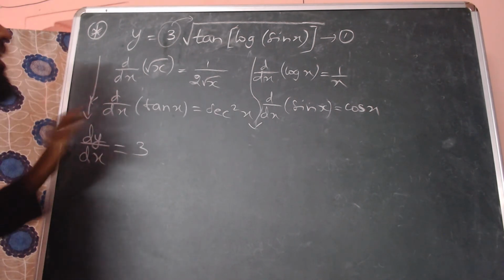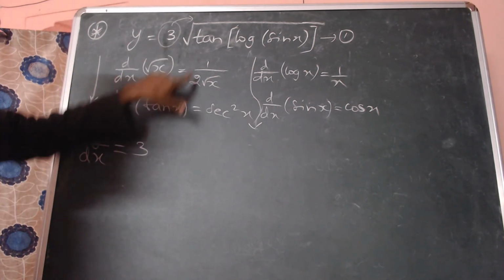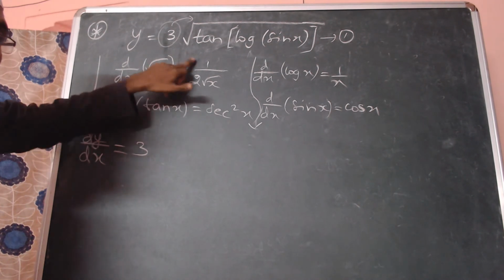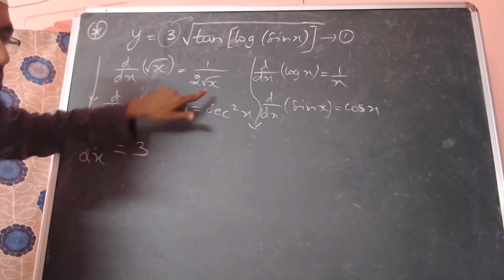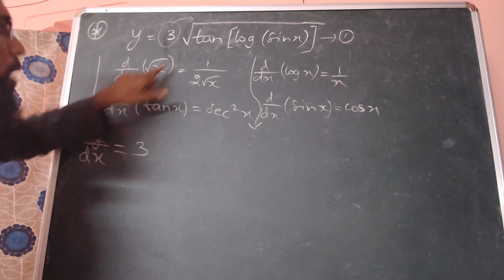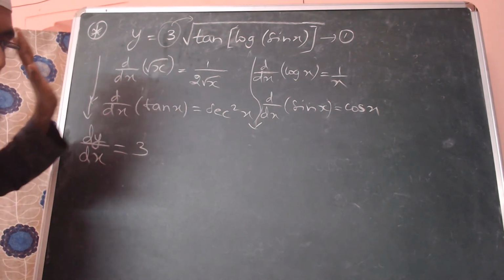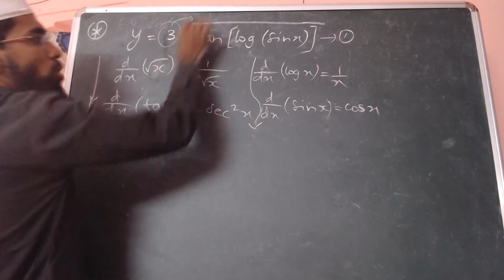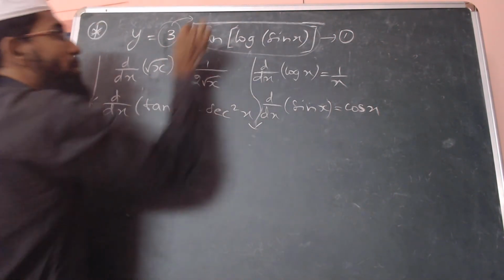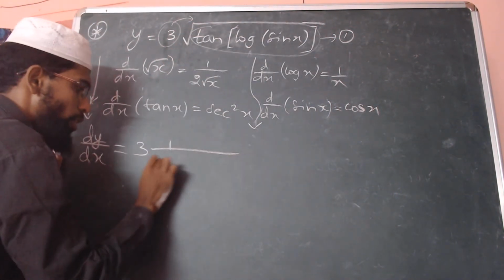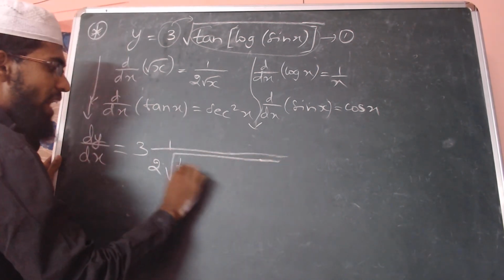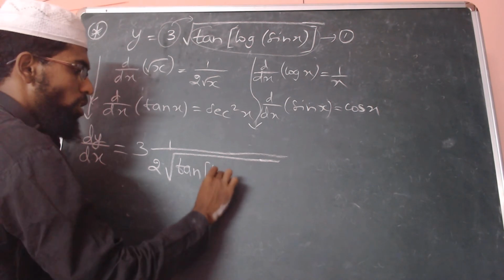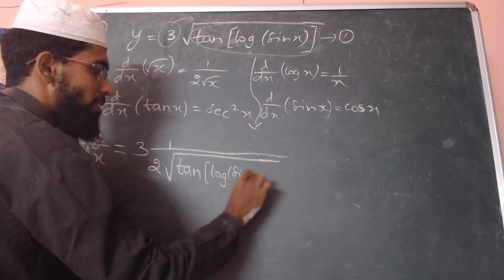Root of x derivative is 1 by 2 root x, so root of something is 1 by 2 root of that entire term. What is there? We have tan of log of sin x.